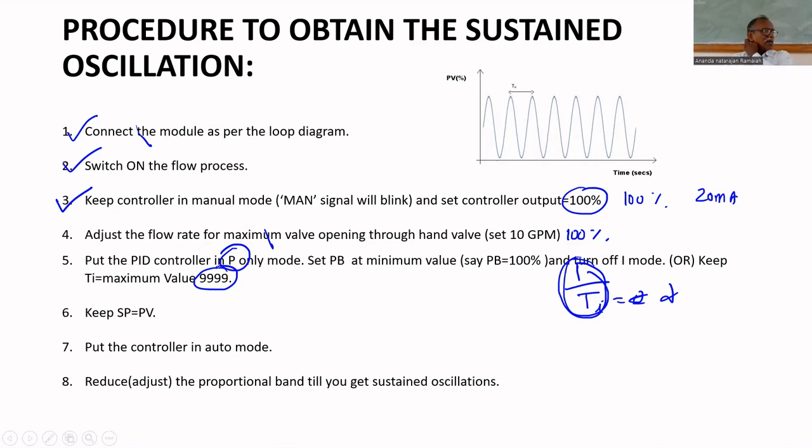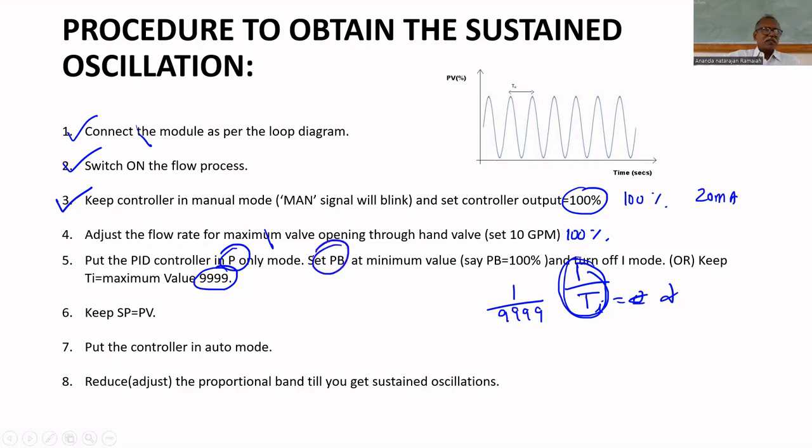In the other controller, there is no provision to turn off the integral mode. That's why we have to enter 9999, which means it is negligible, 1 by almost 10,000. So TI becomes negligible.